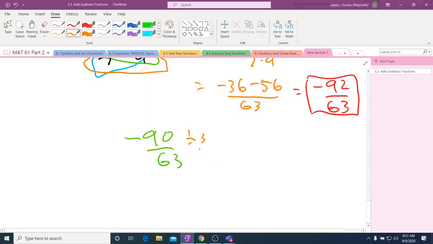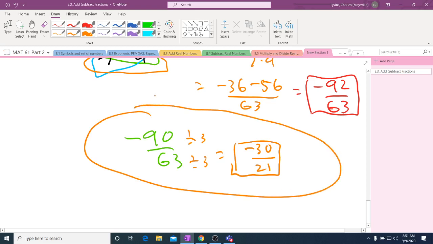What I mean by that, you can divide both by 3, and this would be negative 30 over 21. So be cautious, and I just showed you this right here because that's a perfect example of us not reducing it all the way.